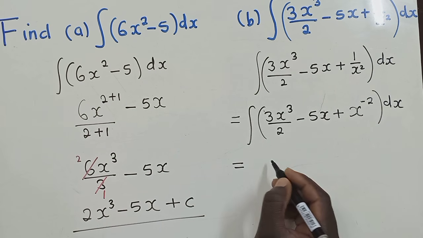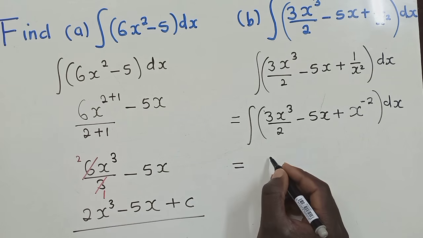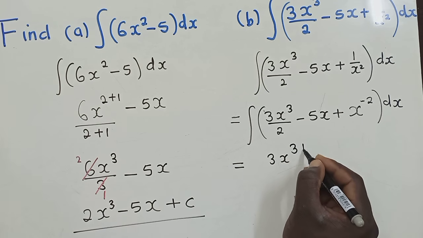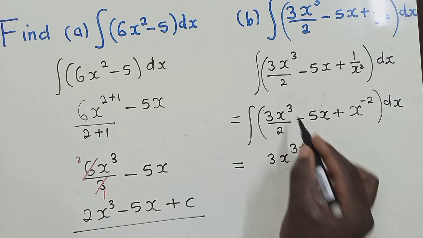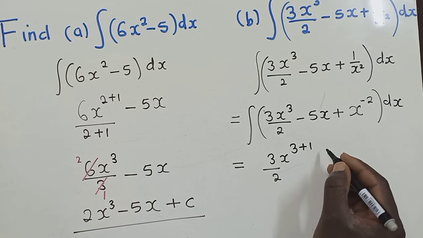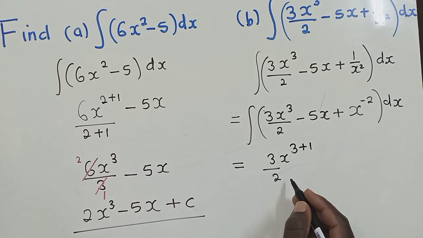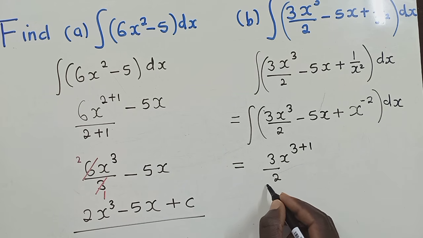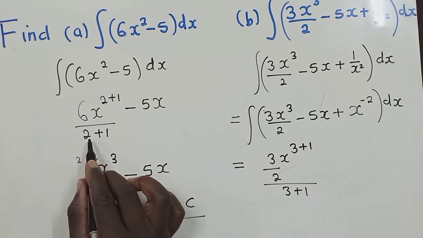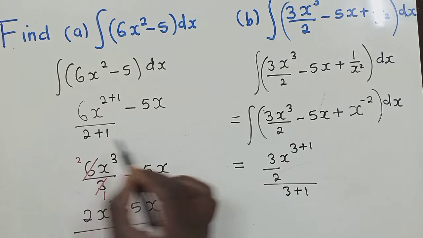So how do we now integrate? The same procedure, add a 1. Okay, so we add a 1 to this power. There is already a 2 here. Okay, don't forget these 2. So once we add there, we divide by that, like we did here. Okay, we added and divided.